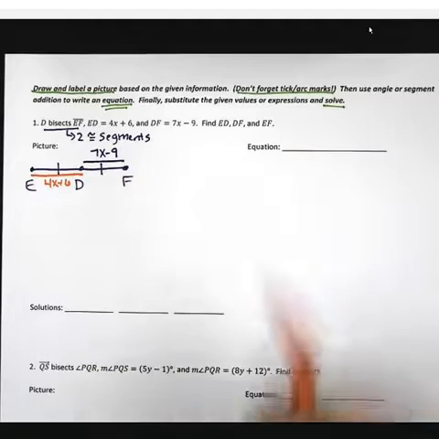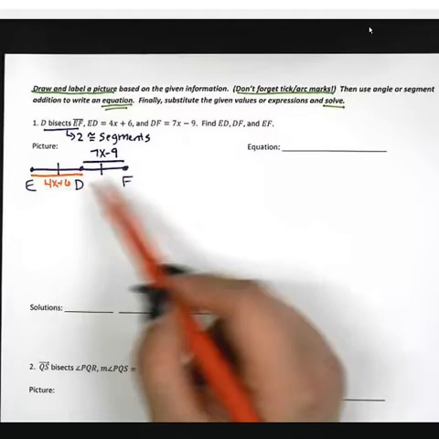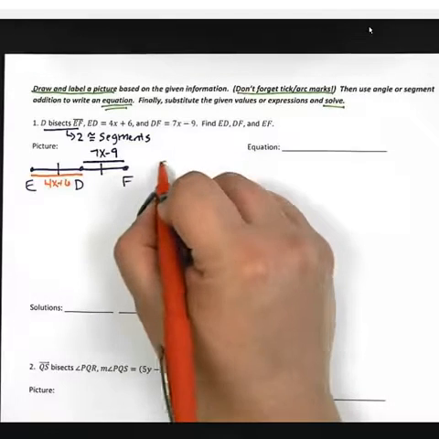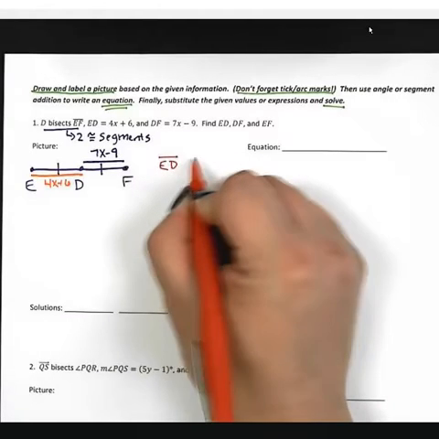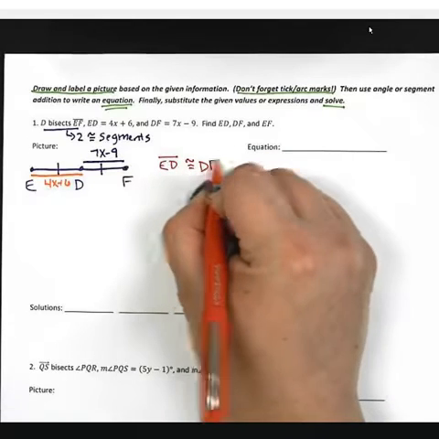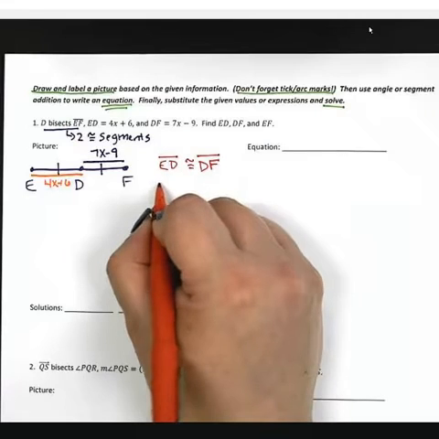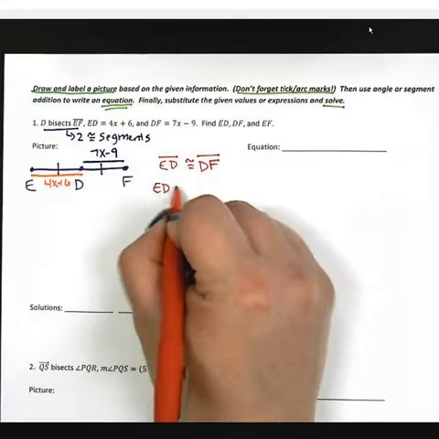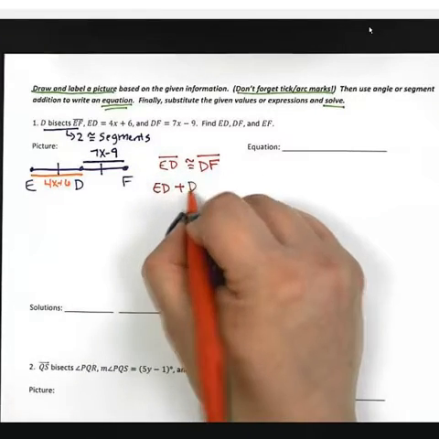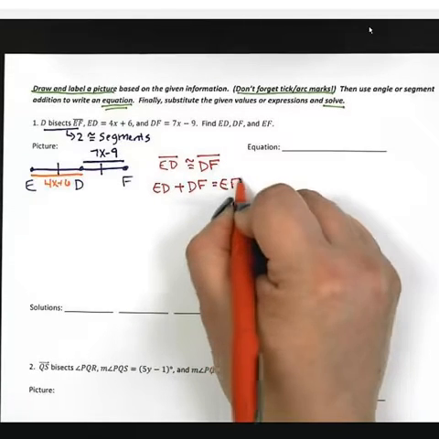Well, we know that ED is congruent to DF. Segment ED is congruent to segment DF. We also know that the length of ED plus the length of DF has to equal the length of EF.